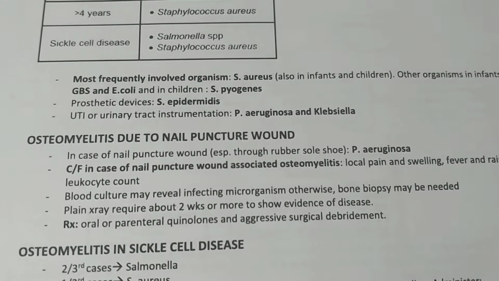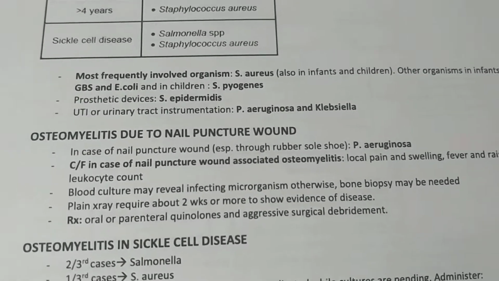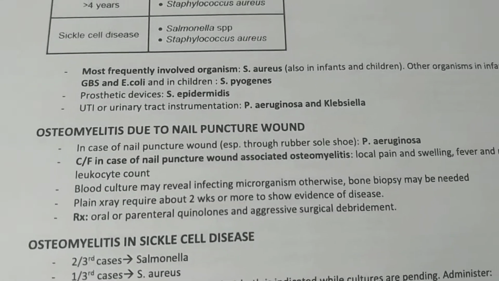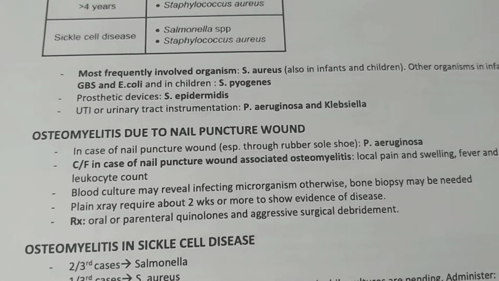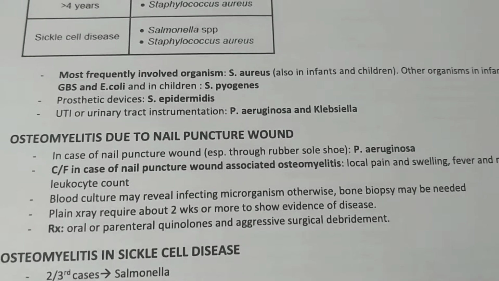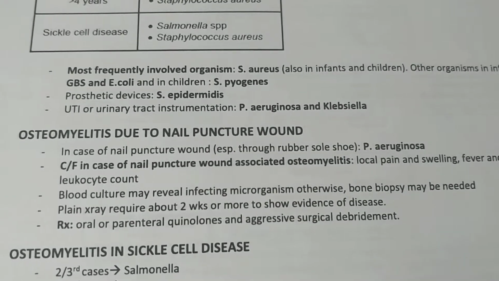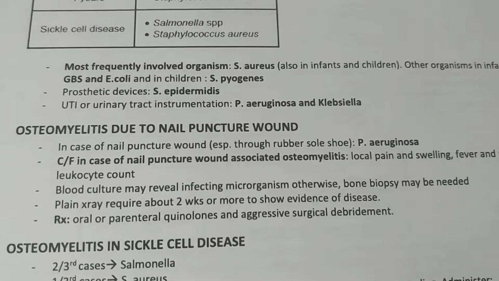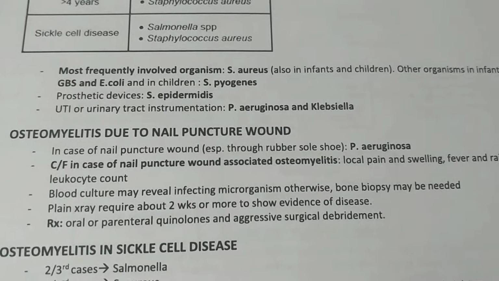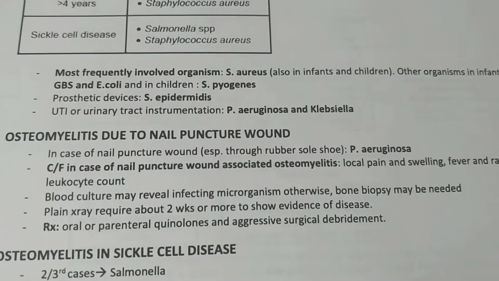Then after CBC, we will see also ESR, CRP, they can be elevated or they cannot be elevated. Then we will do blood culture. Blood culture may reveal the infective microorganisms, but sometimes we have to do a bone biopsy. And the third thing we do is radiography, that is plain X-ray, and it shows evidence of the disease after 2 weeks or more.